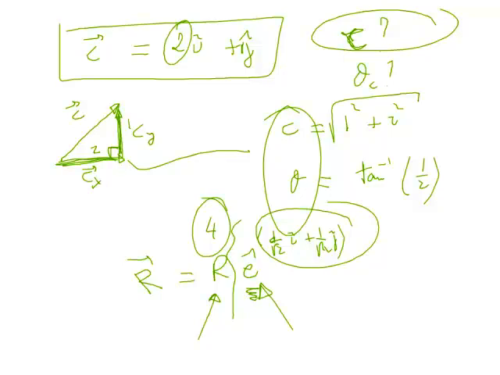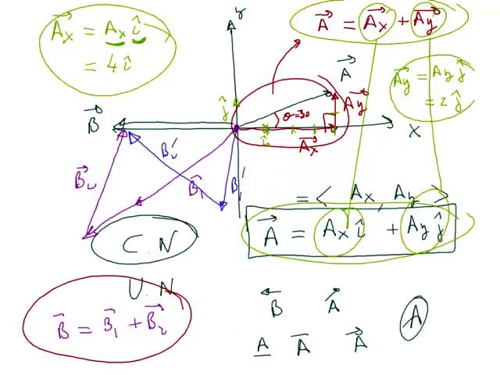Now, of course, as we've seen in the previous board, for vectors that are aligned along our x-axis, it's trivial. Obviously, the length of A_x is 4, 1, 2, 3, 4, bing, bam, boom, that's it. And the length of A_y is 2, trivial. Okay? So later on Wednesday, we will go over how to go from one to the other. Meanwhile, for today, let's concentrate on the component notation.